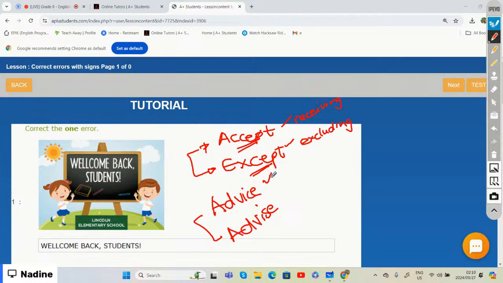If you look at the meaning of the first one, advice with a C, it's like, for example, you coming to me and asking me for advice. Like I'm having a problem, what can I do? And I am giving you advice. I'm telling you my opinion based on it.